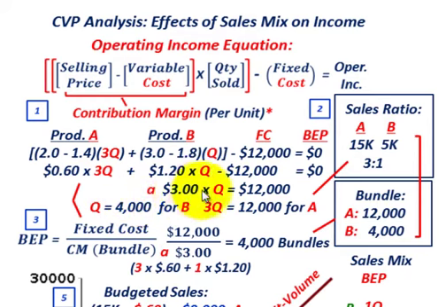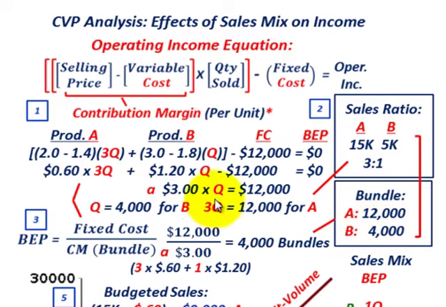This is the case where you have to go to that ratio again. Q is 4,000 units, and that's for product B. That's 4,000 units of product B for the break-even point. And then 3Q, 3 times 4,000, is 12,000 for product A. So product A contributes 12,000 units to the break-even point, and B contributes 4,000 units.